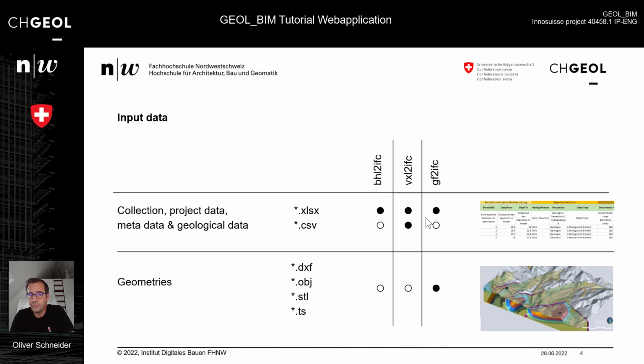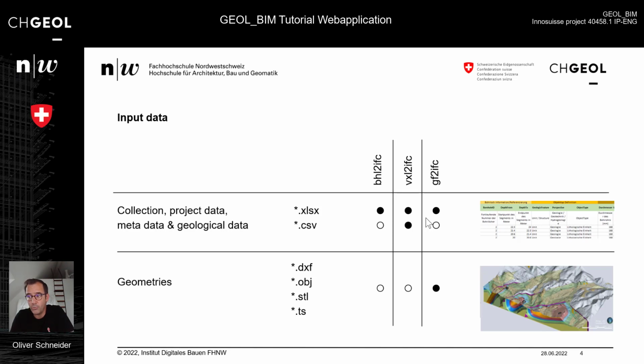Good. Then for geologic feature, we are looking at surfaces and also volumes, which we can transfer. Additionally to the Excel file, you also have to export from your geologic or expert software the geometry information in one of these geometry types.